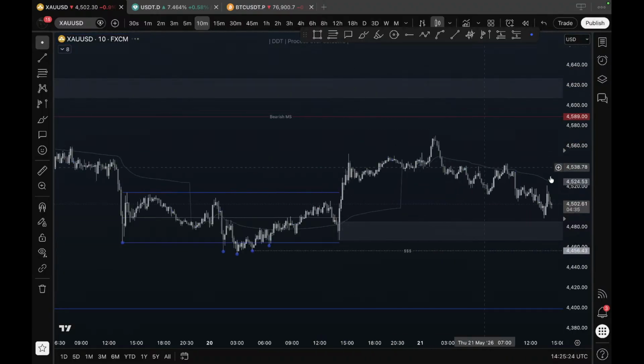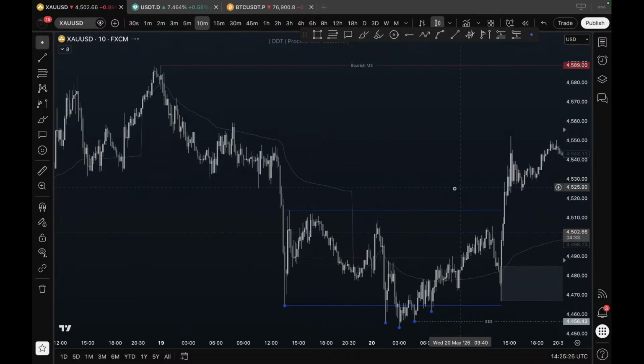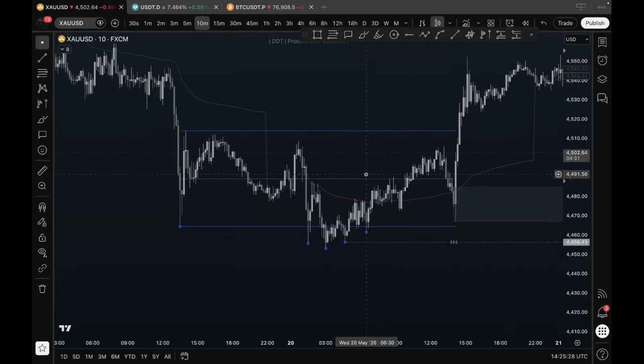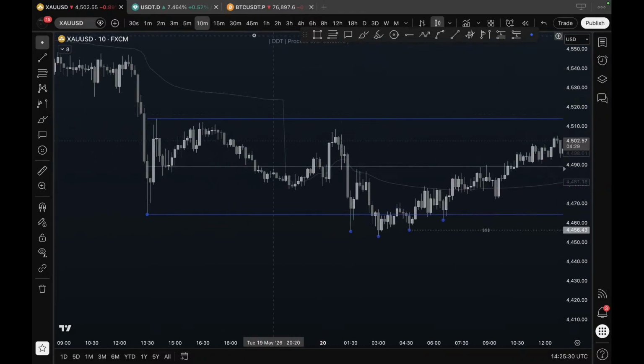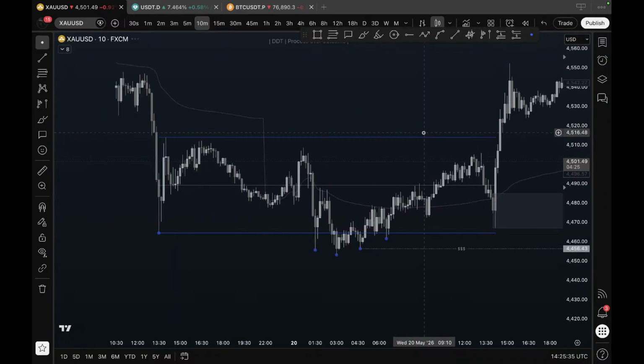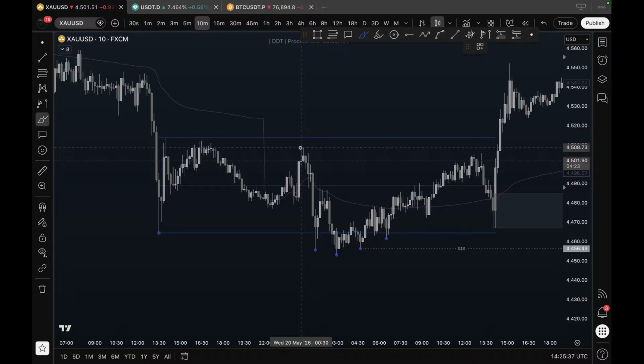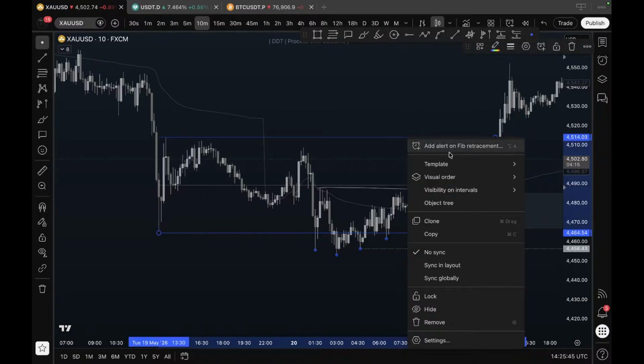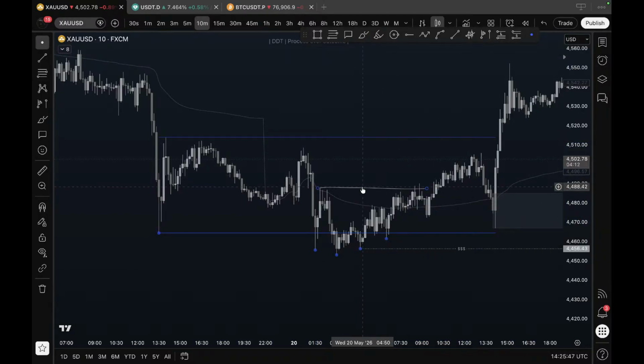So before the breaker structure, if we look at it, it was also 15 minutes, I believe. No, 10 minutes. So here you have low, lower high, lower low, in which this was basically your breaker structure. But if you play that, then you were already at the mid-range.